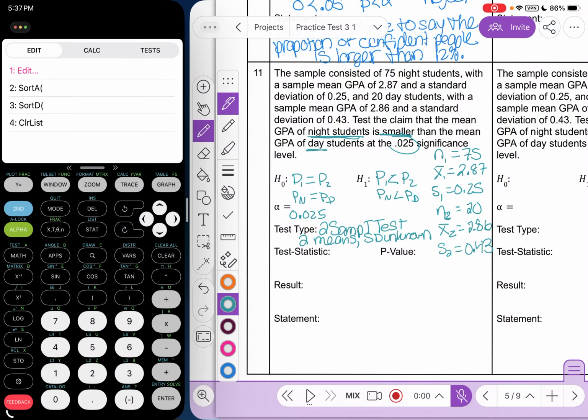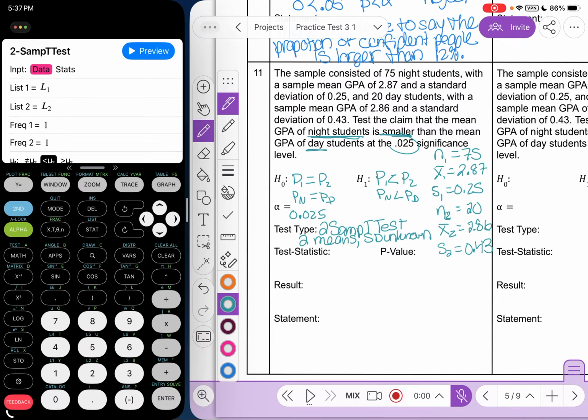Then let's go do it. So we're doing the 2-SampTTest. This is stats because we're not given a table of data. Then we're going to need to write what we put in the calculator. So x1 is 2.87. S1 is 0.25.